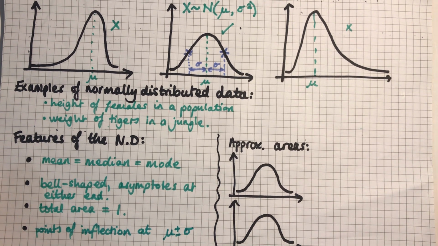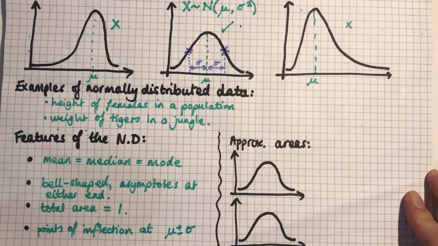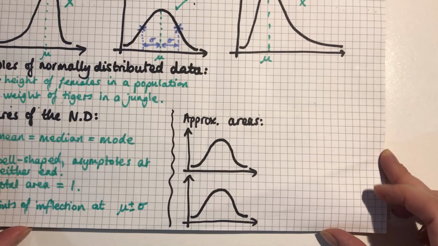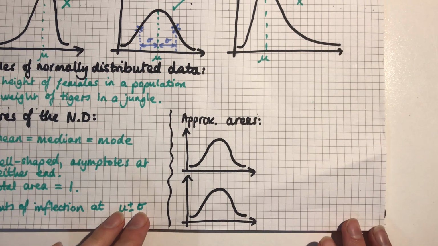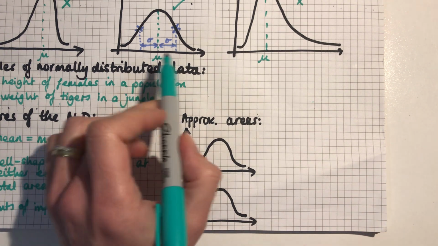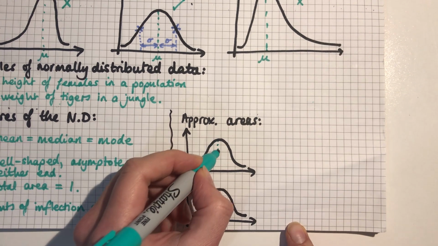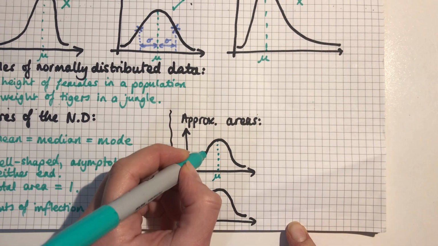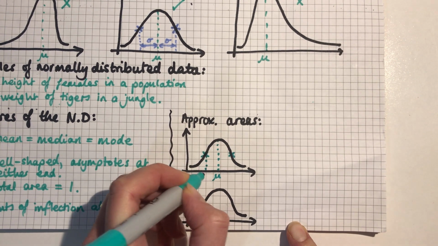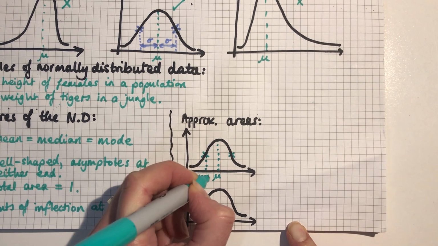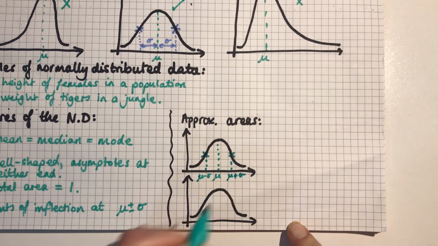Now, the other thing that I want to point out here, and it's not something that you need to know as a main feature, but it's a really useful bit of information, is that there are certain facts about the areas between the mean and the standard deviations that are very useful for you to know. So on this one here, I'm just going to highlight the mean, and I'm going to go to the points of inflection, there and there, and I know that that's one standard deviation away, so mu minus sigma, and this one is one standard deviation away, so mu plus sigma.